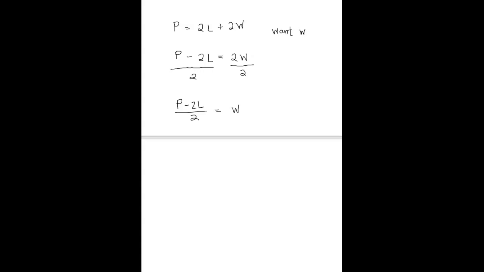I could break this apart to be P over 2 minus 2L over 2 equals W. And then this will cancel to just an L. All right, so there's a couple of ways you can write it. It's totally allowed however you want to approach it. That would lead us to 1/2 P or P over 2 minus L equals W.